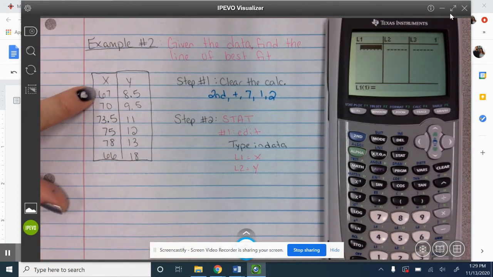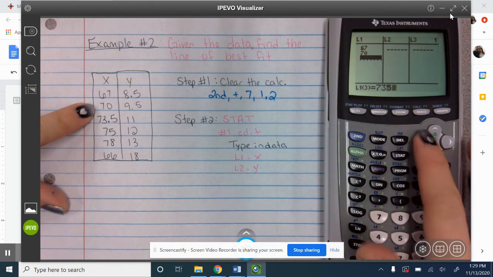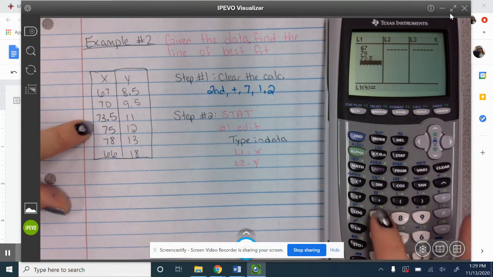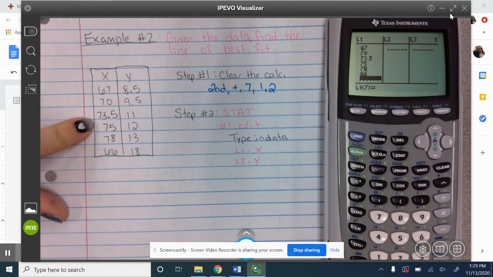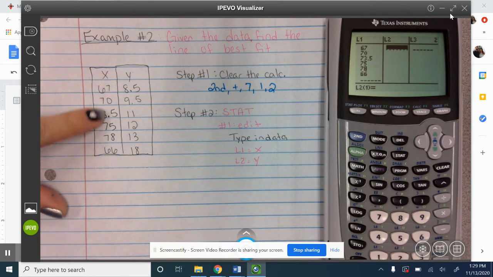For L1, I'm going to type my X value. So I say 67, enter. 70, enter. 73.5, 75, 78, and 66. Once I finish my X, I have to go to the top and hit the over arrow.